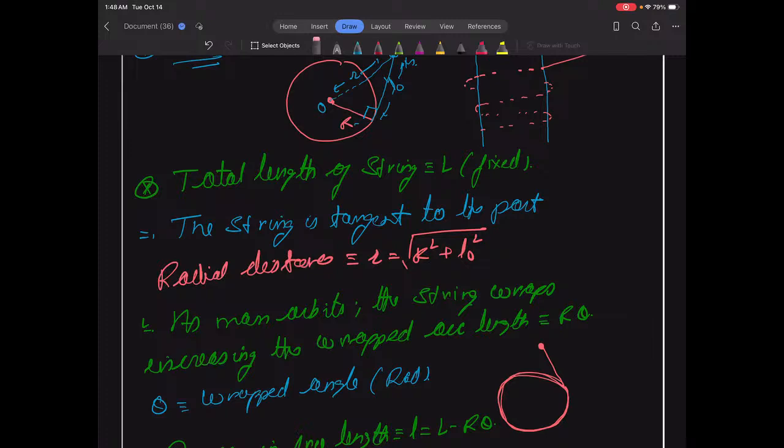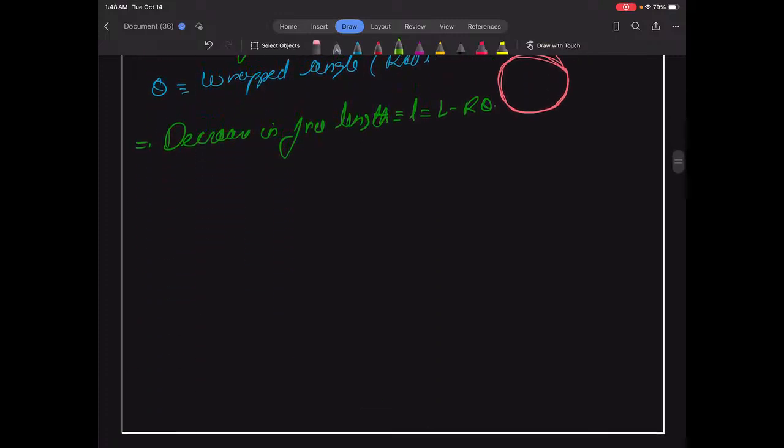Therefore we can write that length L will be equal to the square root of r square minus R square, minus R times theta.